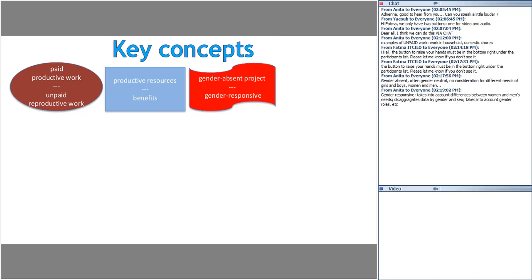Okay, I have a last two concepts that I'm going to throw out for you, and I'm challenging some of the other participants to also contribute some definitions. The first is gender mainstreaming, and the second definition is gender equality.